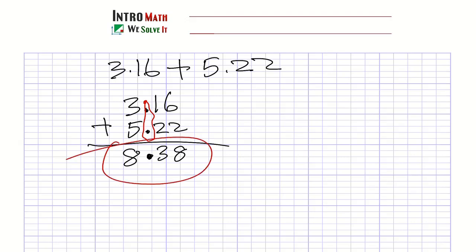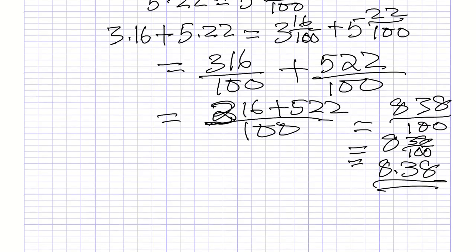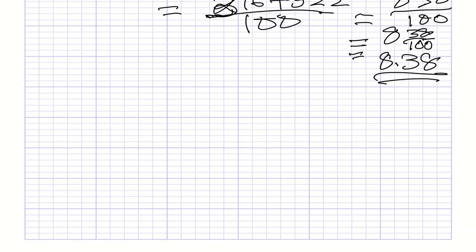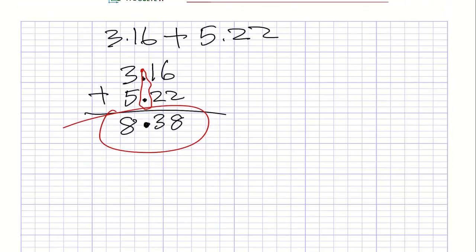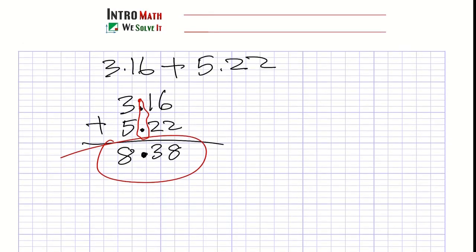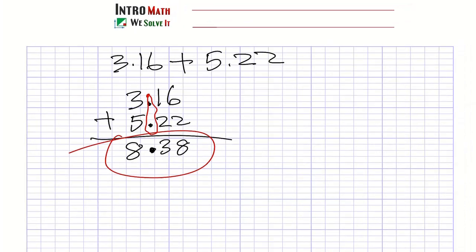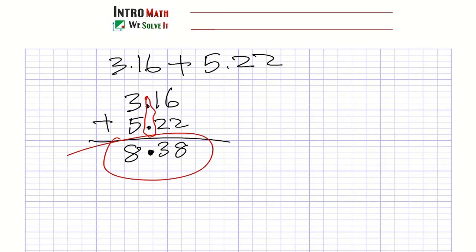That's the same solution we had before, 8.38, right there. So you line things up. Pay attention to what you're doing. Don't get scared. It's all easy. You just have to be patient. Line things up, you should be fine.